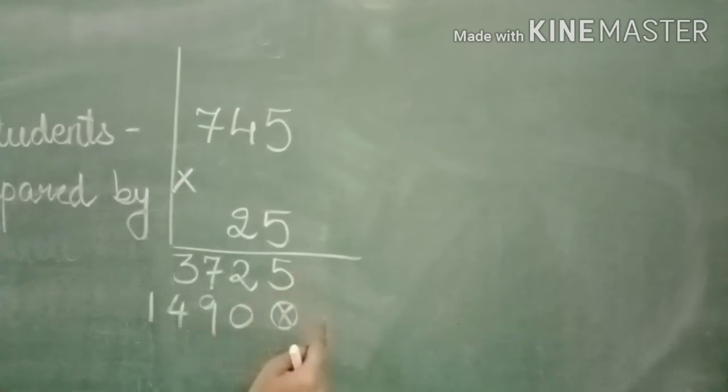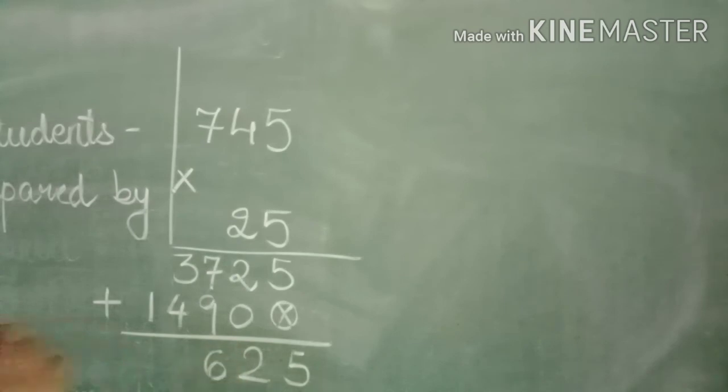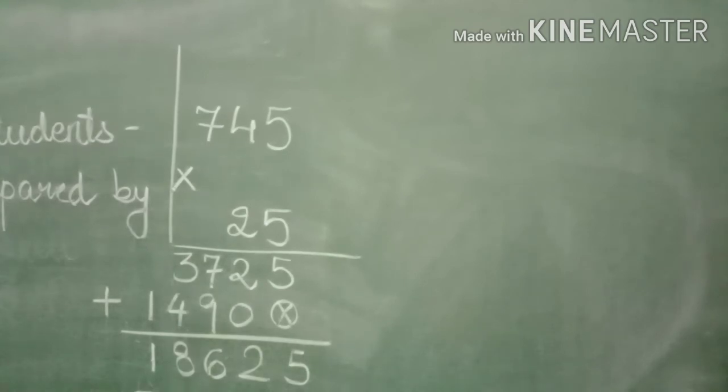We have to add the two rows, so the addition sign. 5 plus 0 becomes 5, 2 plus 0 becomes 2, 7 plus 9 becomes 16, 1 carried up, 6 written down, 3 plus 4 becomes 7, 7 plus 1 becomes 8, and no number over here, so directly we write 1. So the total number of paper bags prepared by students was 18,625.